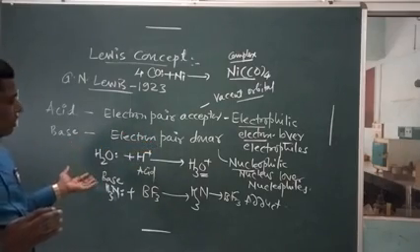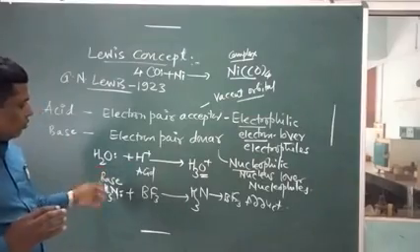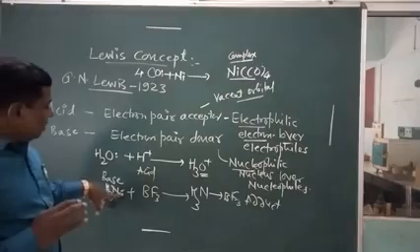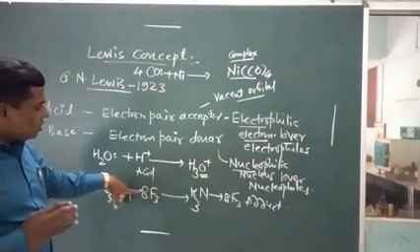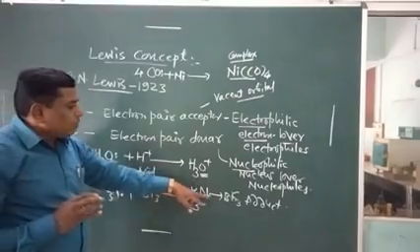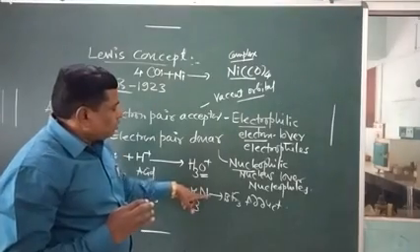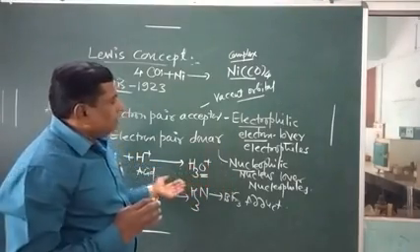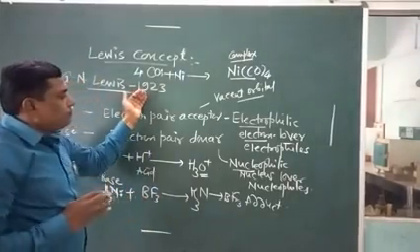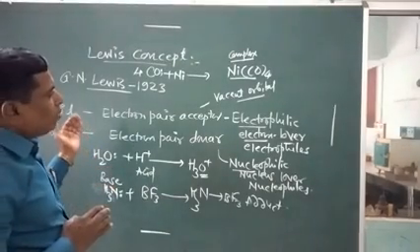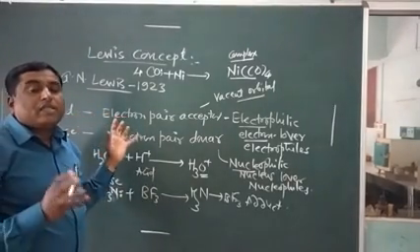Suppose we take nitrogen containing a lone pair of electrons, and this is donated to boron, and therefore forms a coordinate bond. That is, the pair is shifted from the electron pair donor to the electron pair acceptor, and therefore the Lewis concept applies. Now, how can the classification of acids take place?